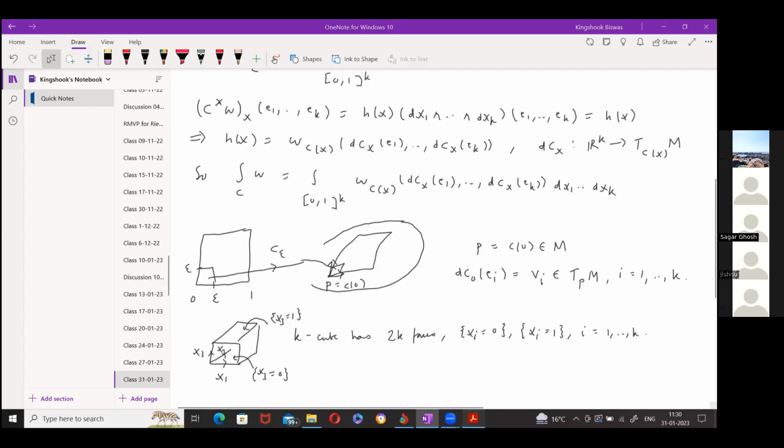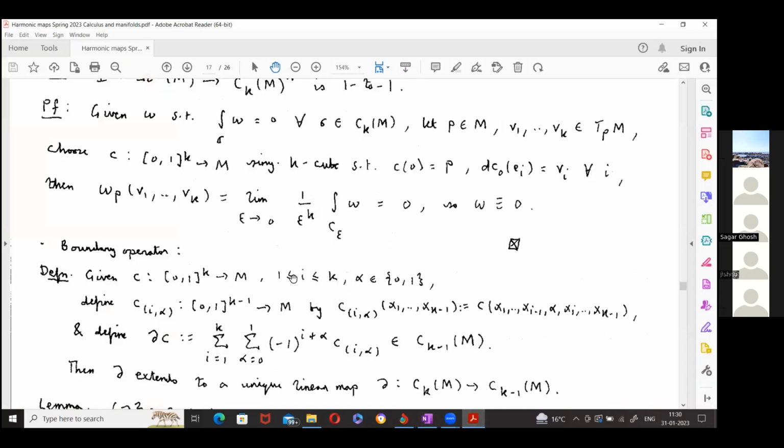Okay, so we define, for i between 1 and k and alpha in the set {0, 1}, the C i alpha face. So that's a k minus 1 cube. C i alpha of x1 to x k minus 1 is defined to be C of x1 to x i minus 1, then you put an alpha in the ith spot, and then you have x i to x k minus 1.